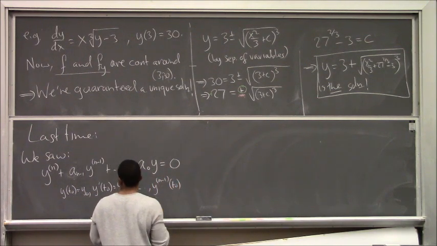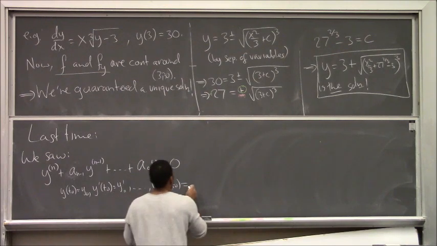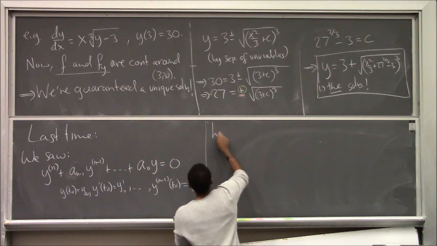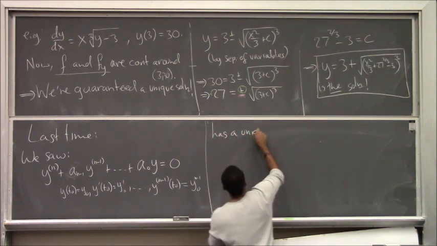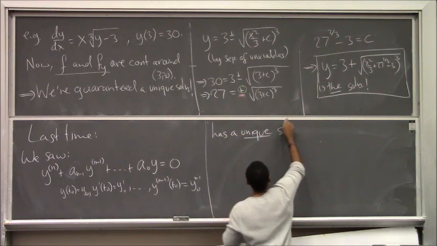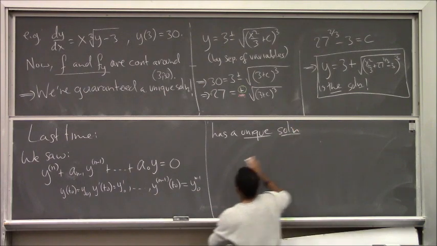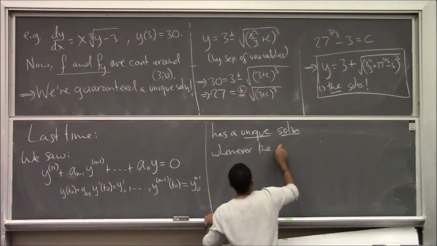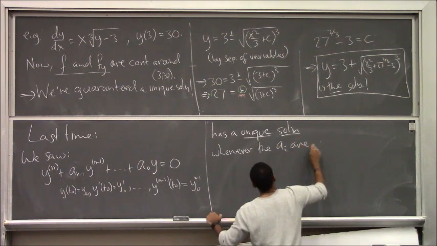So we have n initial conditions. It has a unique solution whenever the a_i are continuous.